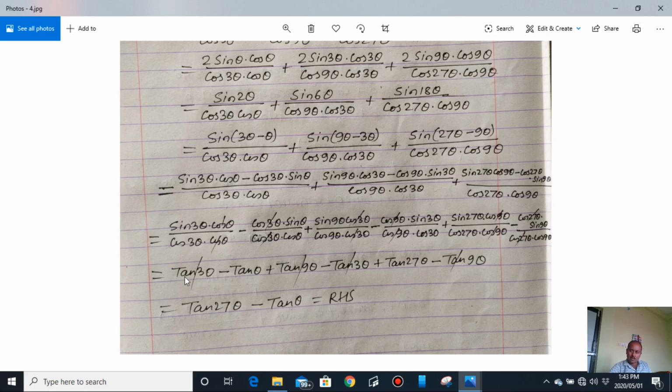Out of these 6, 4 will get cancelled and 2 will be left: tan 27 theta with positive sign and tan theta with negative sign. So finally you have tan 27 theta minus tan theta. This is RHS. So I hope you have understood the solution.